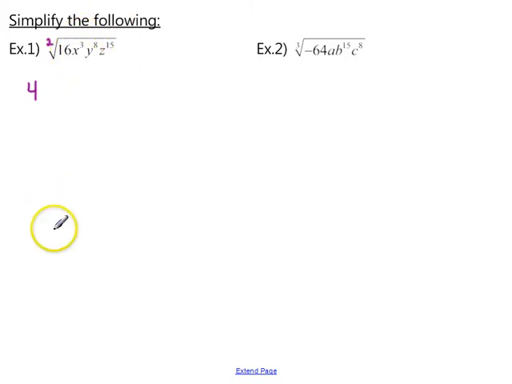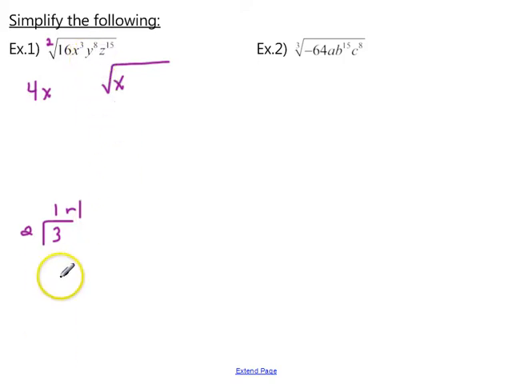X we have to the third, so you want to take that 3 and divide it by 2. 2 goes into 3 once with a remainder of 1. So this 1 is what's going to come out. 1 x is going to come out, but 1 x needs to remain under the radical because it didn't have a buddy.